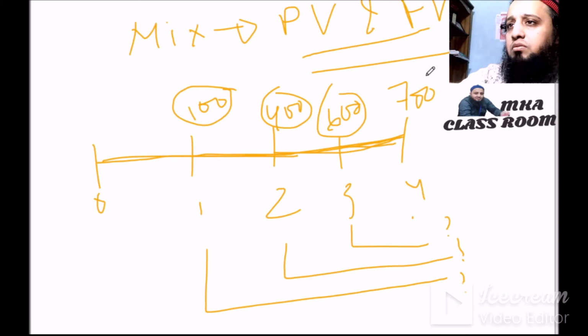At the end of the first year, you are getting 100. At the end of the second year, you are getting 400. At the end of the third year, you are getting 600. At the end of the fourth year, you are getting 700 taka. So, what will be the value after 4 years? That is easy to calculate. Using the future value formula, FV equals PV times (1 plus R) to the power n, because each one is a single amount.